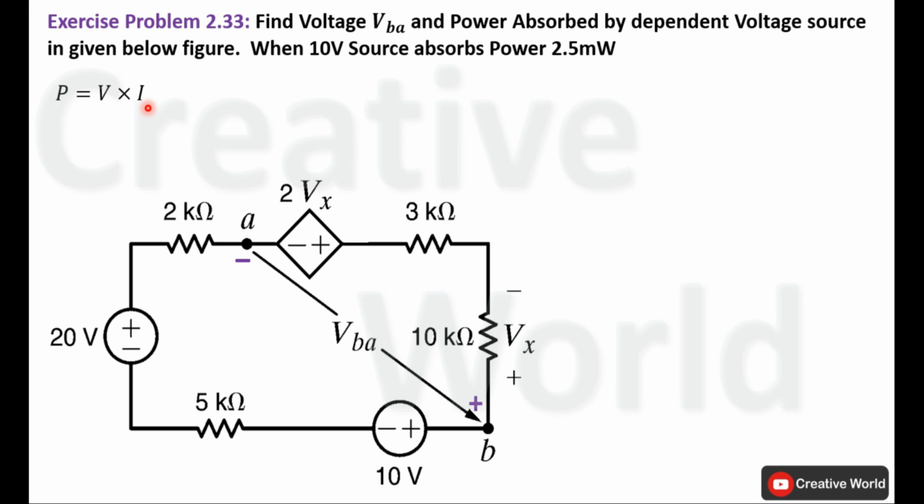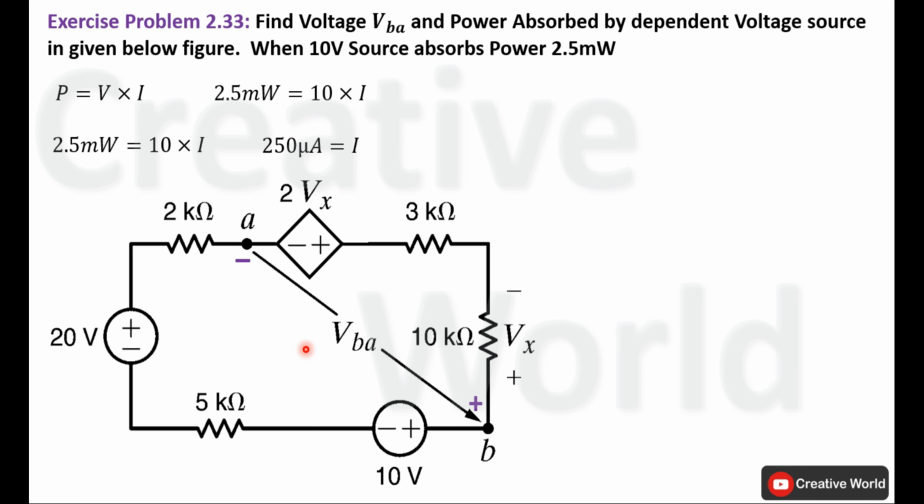Enter the values: power is 2.5 milliwatt and voltage is 10 volt multiplied by I. Now divide on both sides by 10 to calculate the value of current I, which will become 250 microampere. So 250 microampere current is flowing through this series circuit.